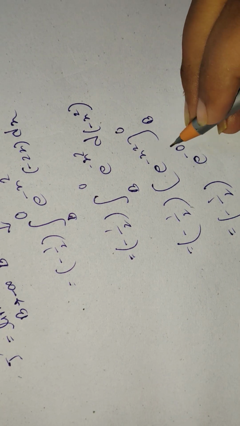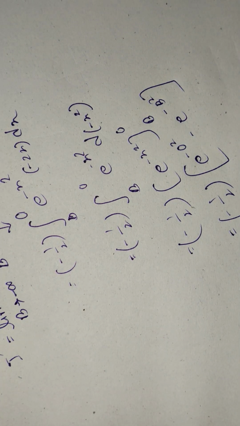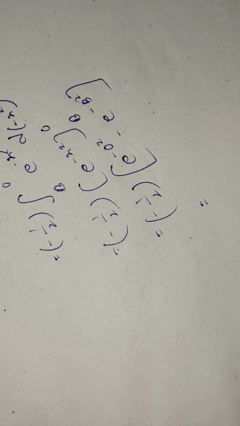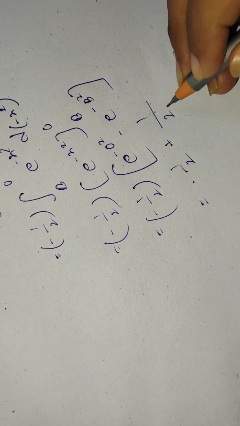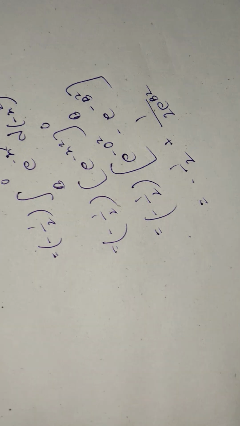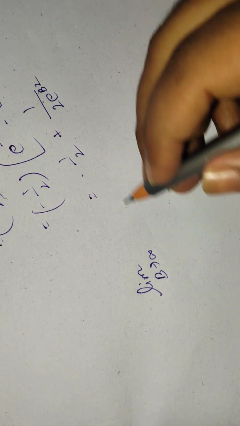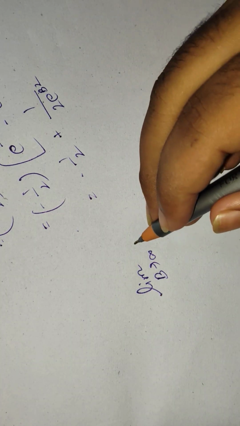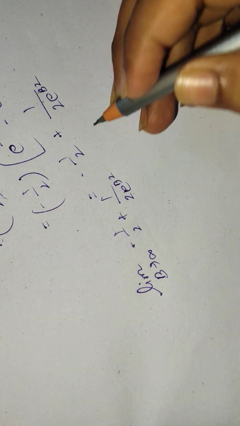Now this is e to the power minus 0 square minus e to the power minus b square. Now it is basically minus half, and it is basically 1 by 2 e to the power b square. Now I have to put the limit, which is limit b tends to infinity, minus half plus 1 by 2 into e to the power b square.